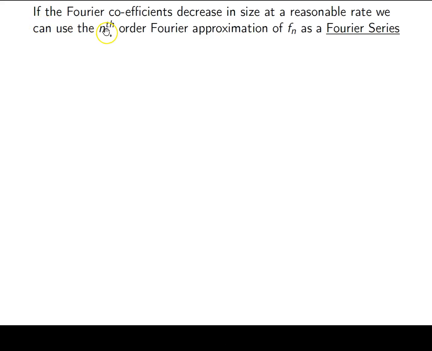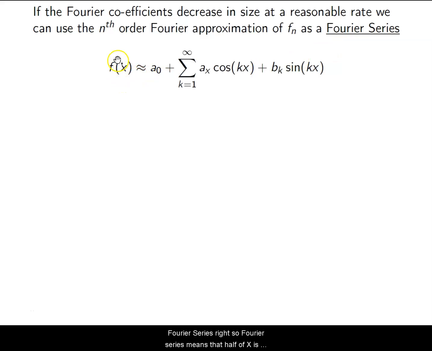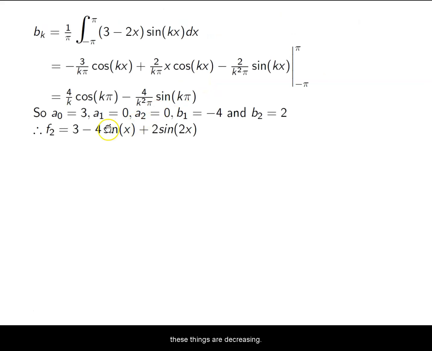So if the Fourier coefficients decrease in size at a reasonable rate, we can use the nth order Fourier approximation Fn as a Fourier series, right? So Fourier series means that f of x is approximately a naught plus the sum of all of those things that we had, which is what we did, right? So if you notice here, these things are decreasing.